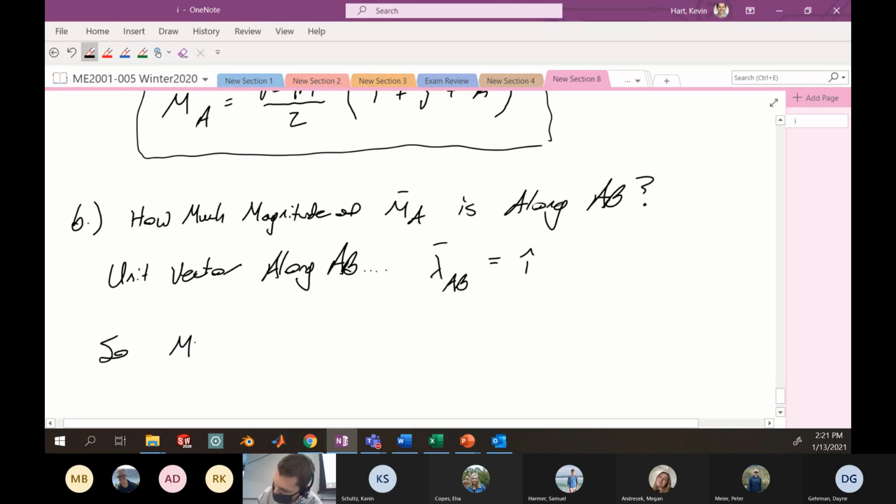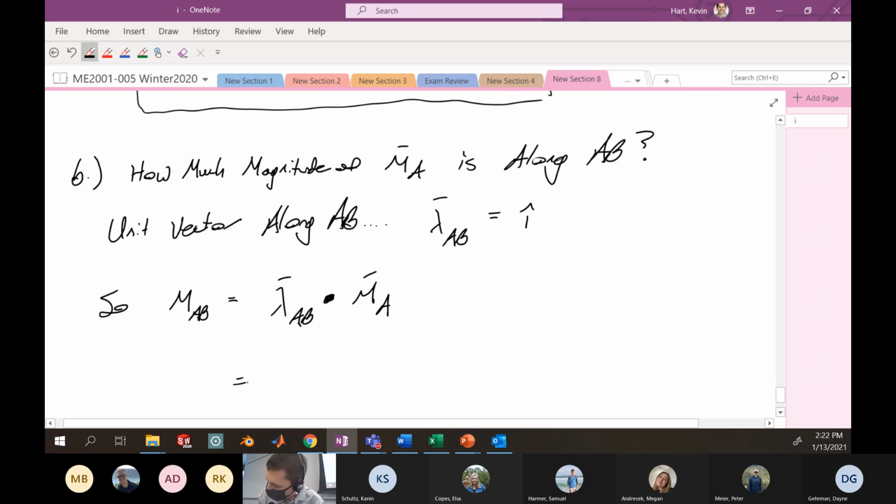So the magnitude of the moment along line AB is equal to this unit vector that runs along AB, which we know to be I hat, dotted with the moment that we generated at A. It's the dot product. So we know this to be I hat dotted with my moment at A, which I'll write out fully here.